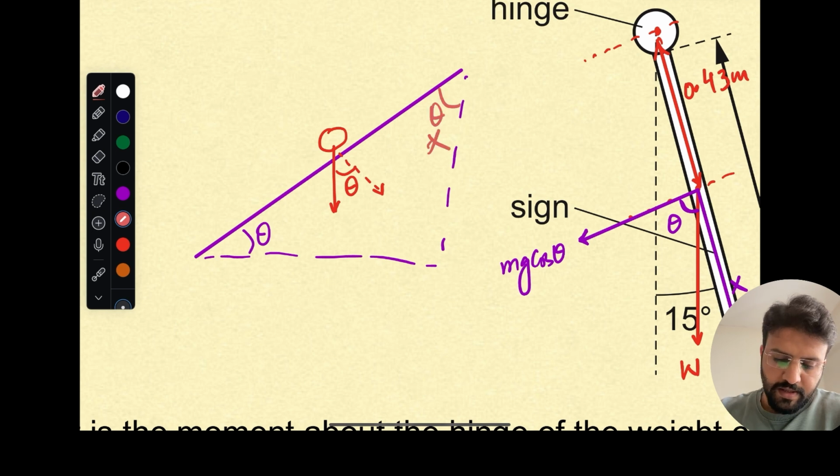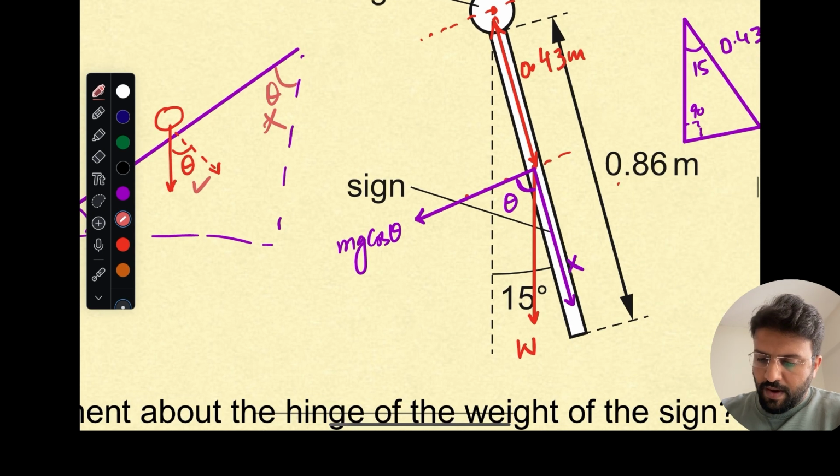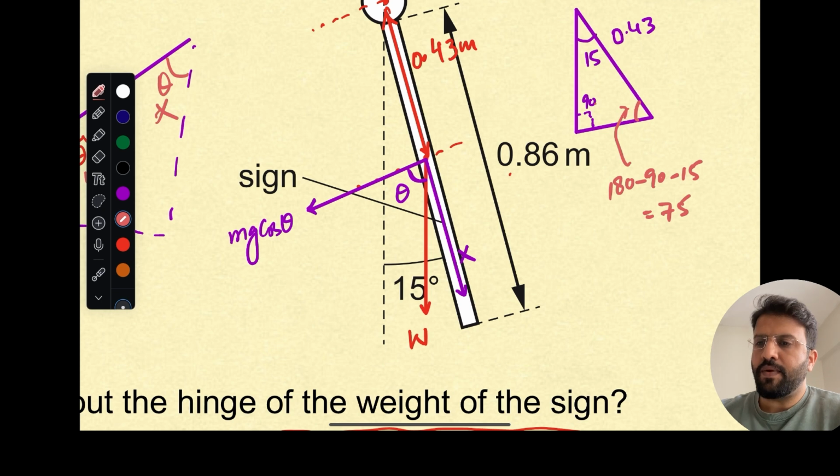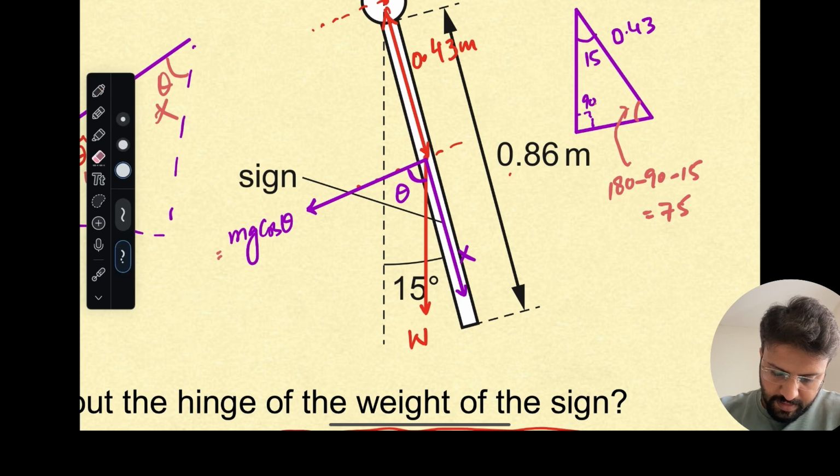This is not the case. This angle and this angle will be the same. So you have to find this. This is 15, this is 90, so this angle will be 180 minus 90 minus 15, which gives you 75 degrees.